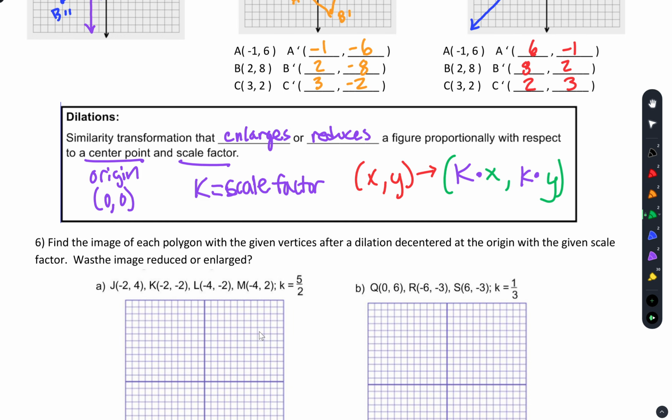K values that are bigger than 1 are an enlargement, and K values that are smaller than 1 are a reduction.